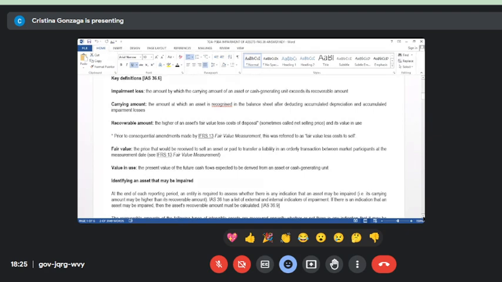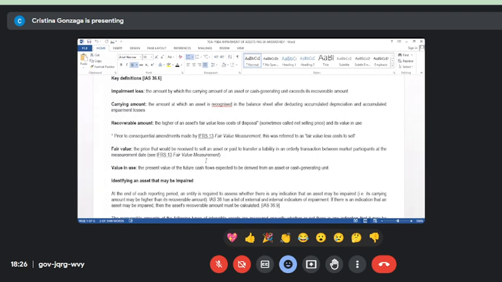And what is PFRS number 13? Fair value measurement. According to PFRS number 13, the fair value is the price that would be received if you are going to sell the asset. So sabi mo, exit price pala ito.